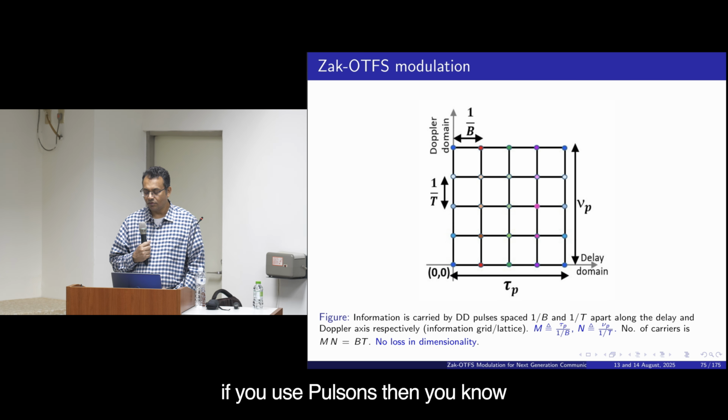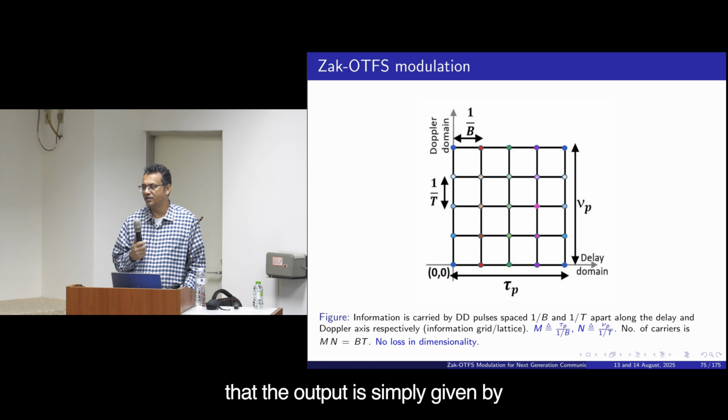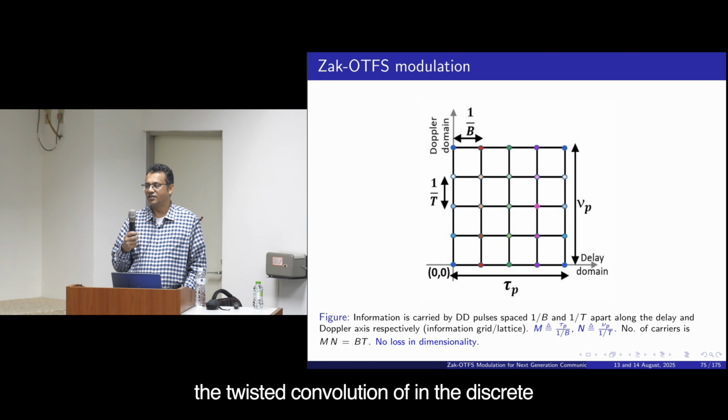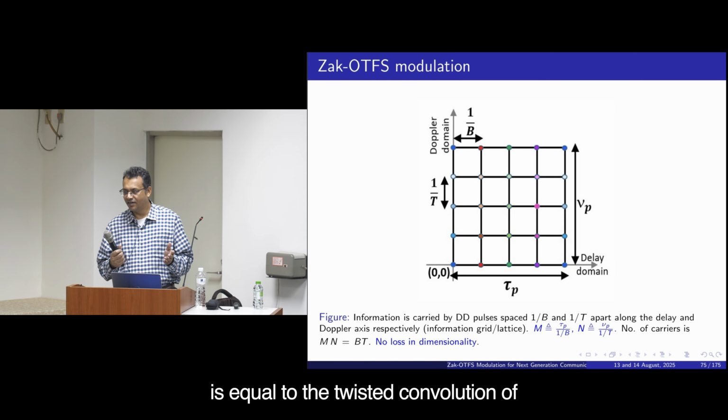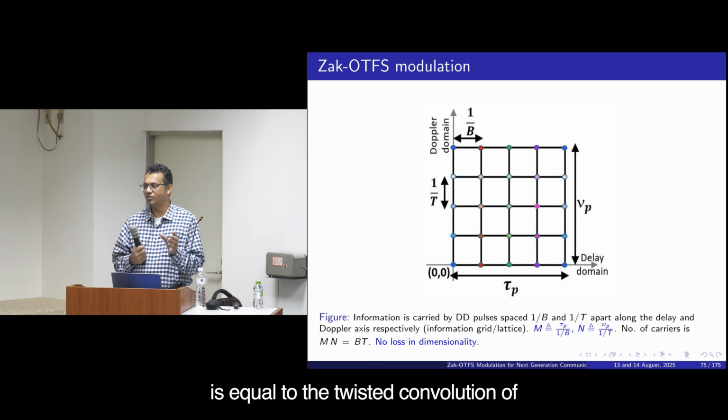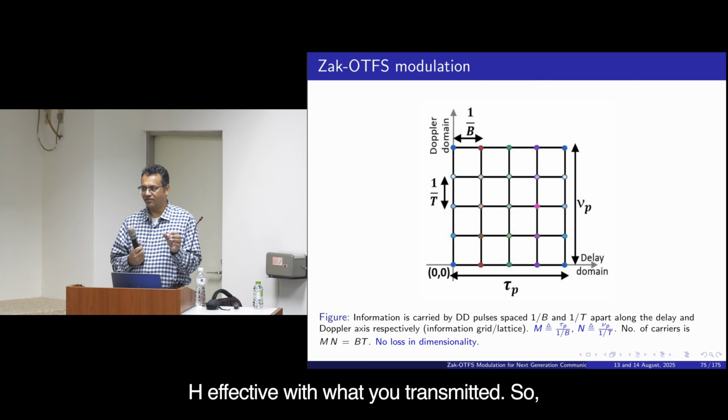Whereas if you use pulson, then you know that the output is simply given by the twisted convolution in the discrete DD domain. The output that you observe in the discrete DD domain is equal to the twisted convolution of H effective with what you transmitted.